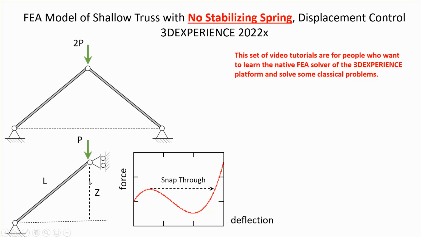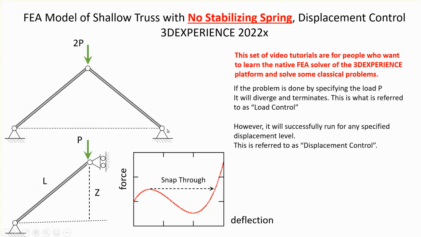However, if the stiffness of that spring is progressively reduced, so that in the limit the stiffness becomes zero and there is no spring anymore, then beyond a certain stiffness value, the same issue will prevail. This approach of specifying the load and asking for displacement is called load control.